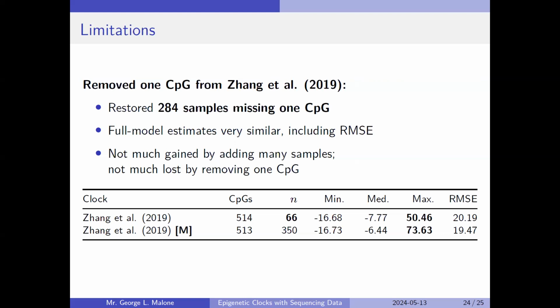But adding it back in and dropping down to only 66 samples, the only major difference is that the maximum age is much larger. Otherwise, not much has changed. So not much is gained by adding a lot of samples, but not much lost by removing this one. The value, I think, was negative 0.015, so it doesn't really contribute much.